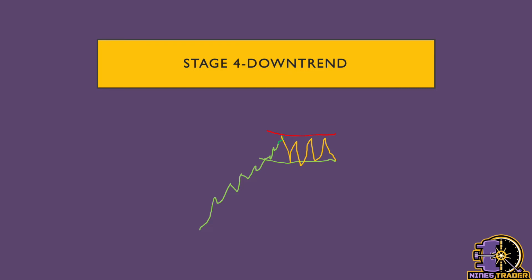So this downtrend phase starts when price breaks this support level that the market has been holding for so long, and then it starts to make lower highs and lower lows, and all the retail traders and investors will just continue to sell because they're afraid of losing their investment.